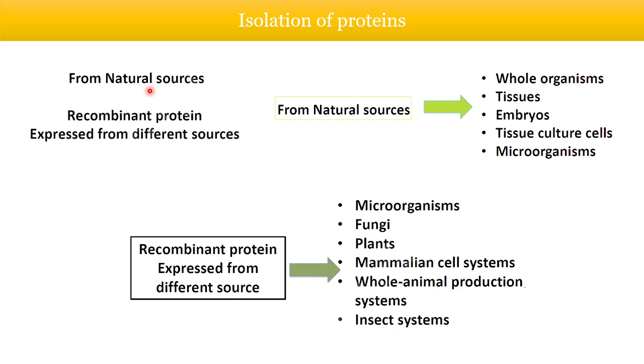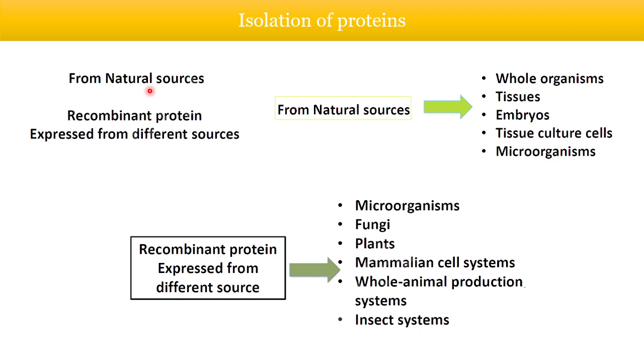On the other hand, there are the recombinant proteins which we engineer. These are called the engineered proteins or the recombinant proteins, which are expressed in different sources, like in the prokaryotes or the eukaryotes, depending on the type of protein that you require. So we have to keep in mind that proteins can be isolated in two ways: one is the natural process and the other is the recombinant source.